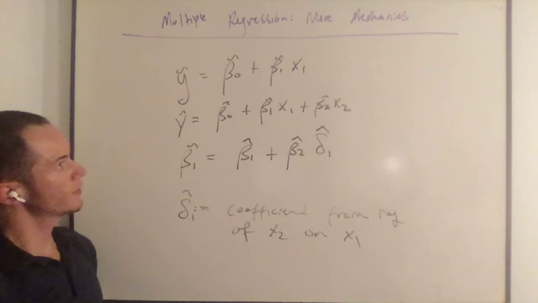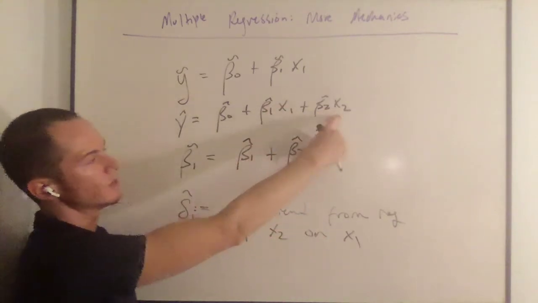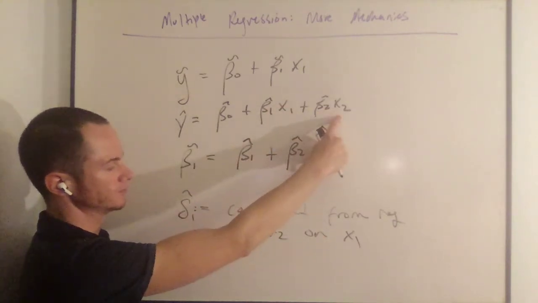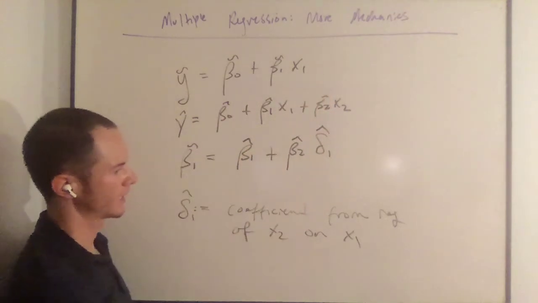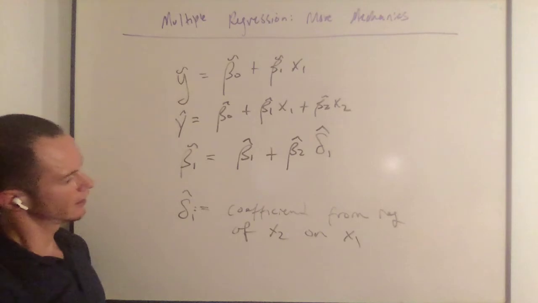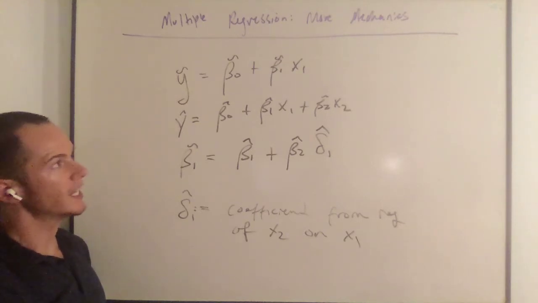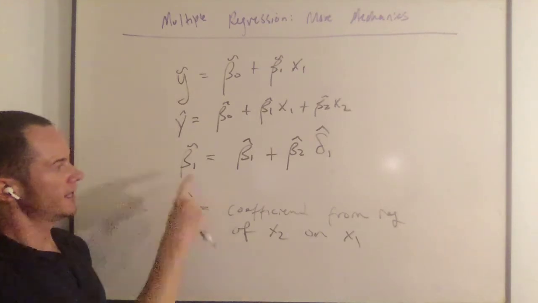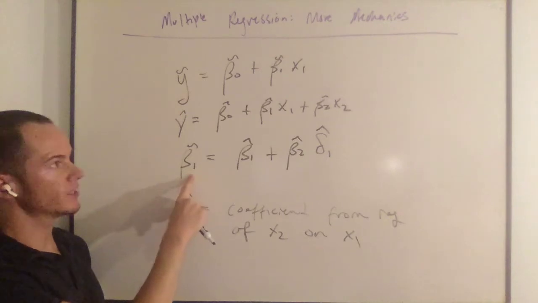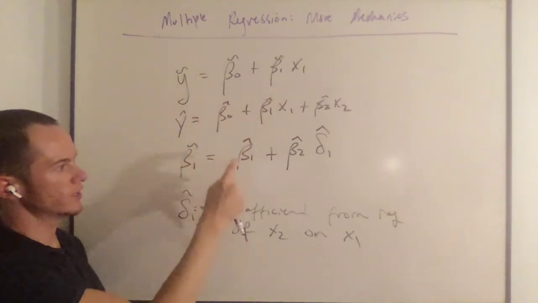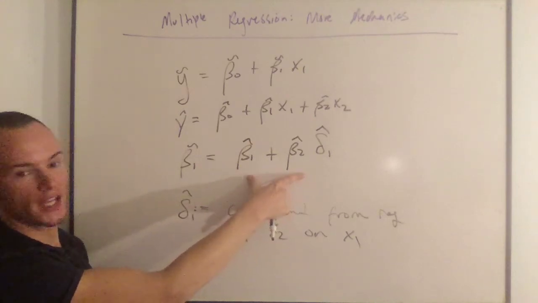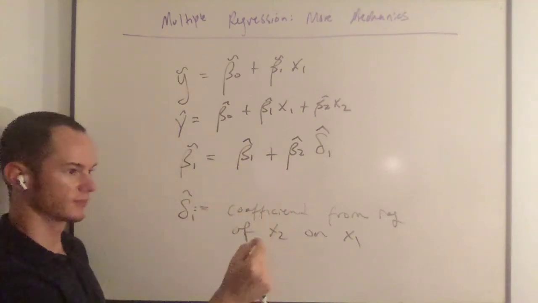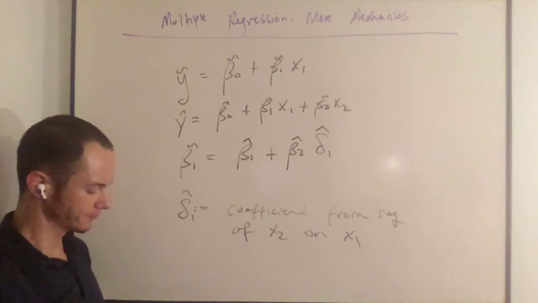from a regression of x2 on x1. So what does this show us? If we leave out this variable, x2, in the simple regression, and x2 is related to x1, then our coefficient, beta 1 tilde, is going to contain the effects of both x1 and x2 together.